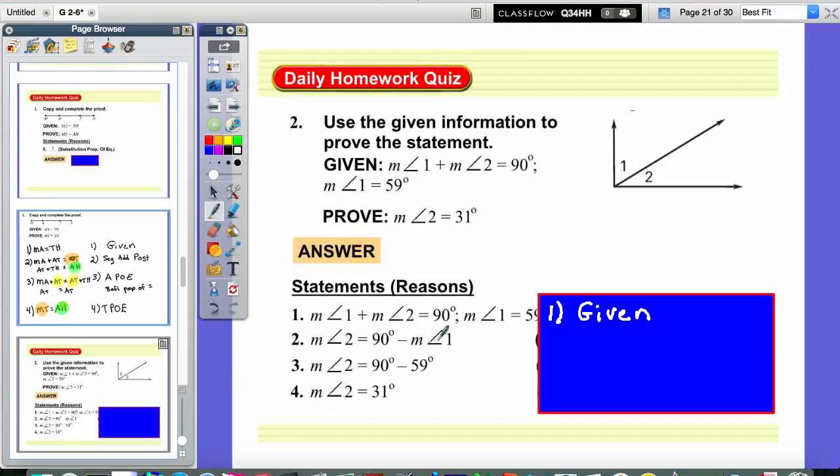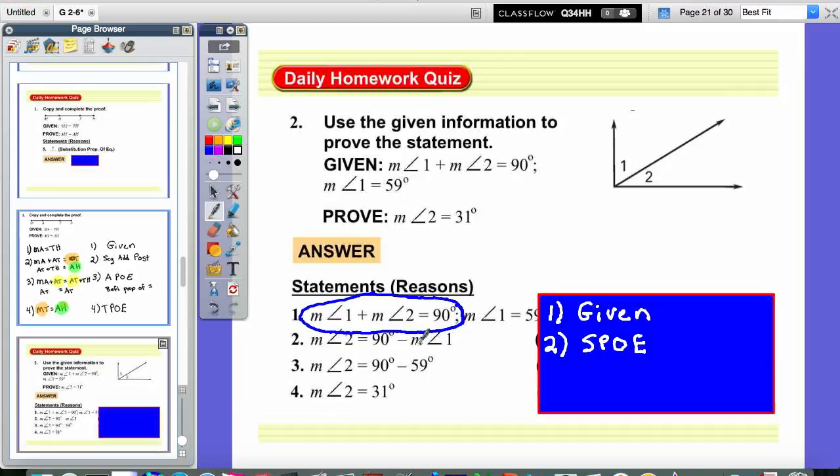So now for this next step, the measure of angle 2 is equal to 90 degrees minus the measure of angle 1. What they're doing here is they're taking just this statement and isolating the measure of angle 2, and they're doing that by subtracting the measure of angle 1 from both sides. So that's the subtraction property of equality.